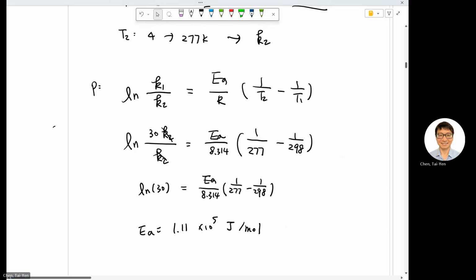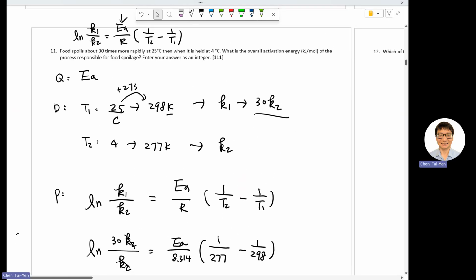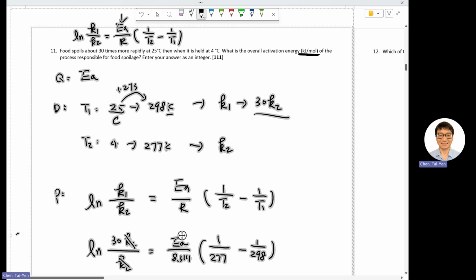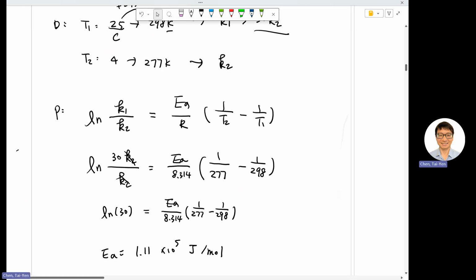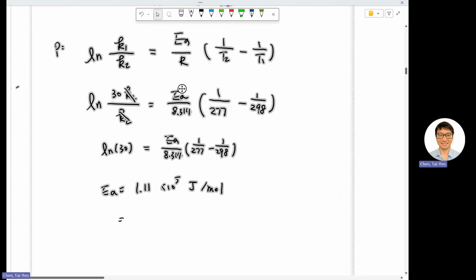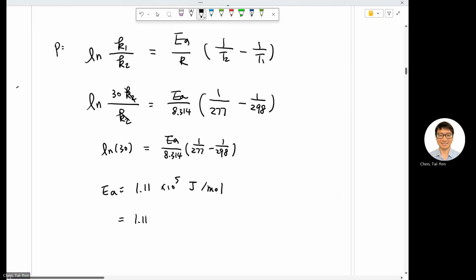Then you check what the question is asking for. Make sure you enter the correct unit, because the question asks for kilojoules per mole, so you need to divide by 1,000. So it becomes this, and then you have your correct answer.